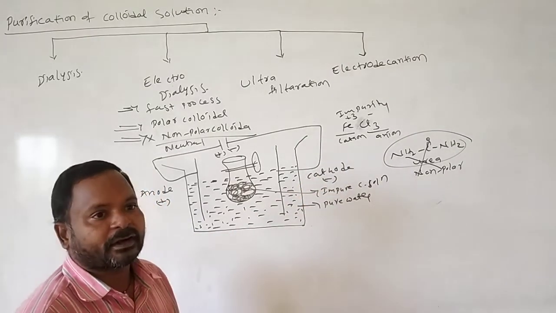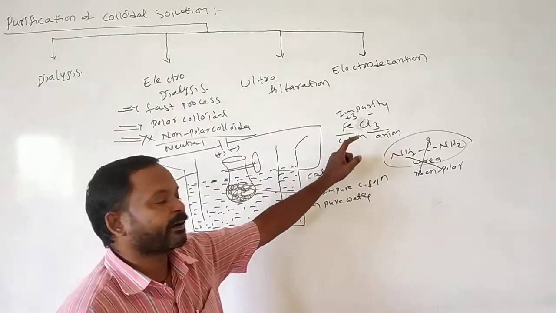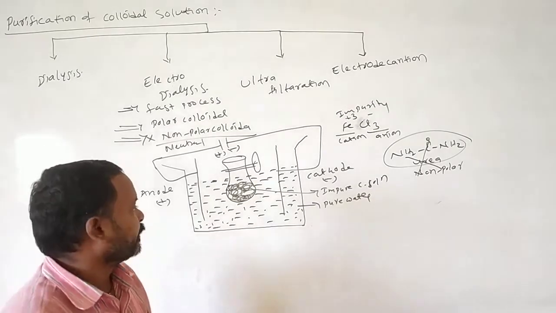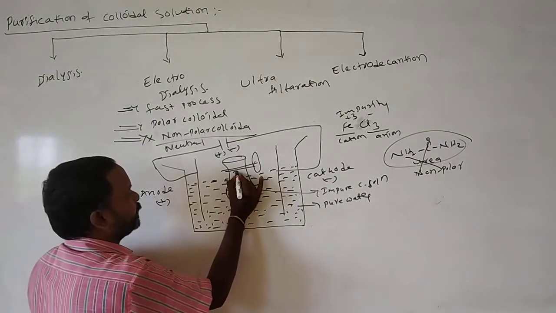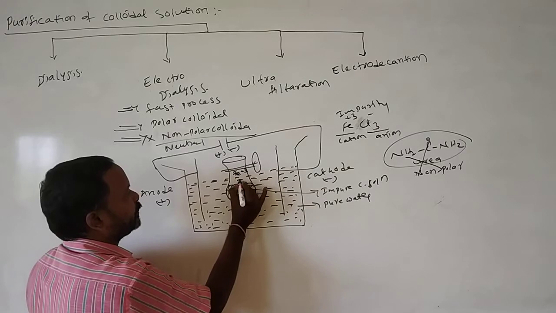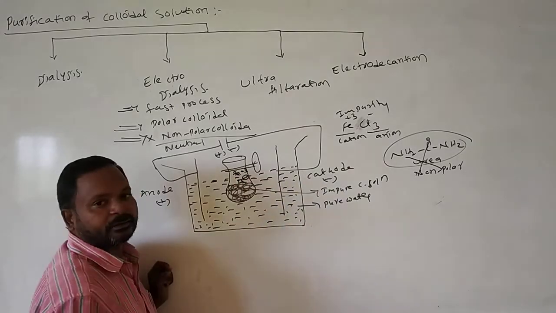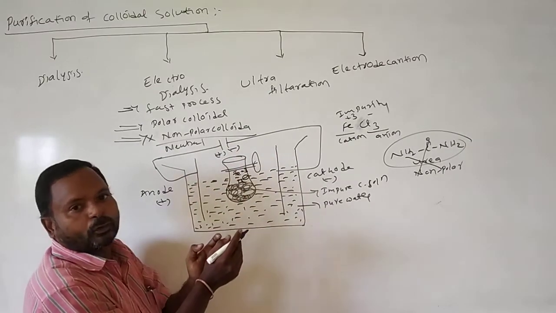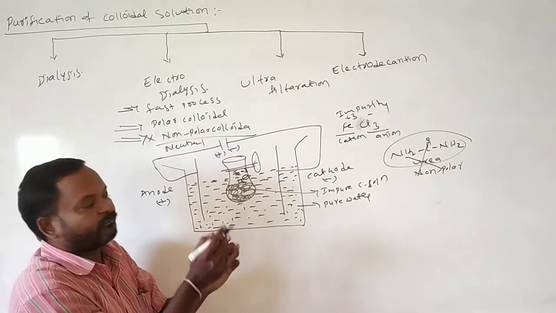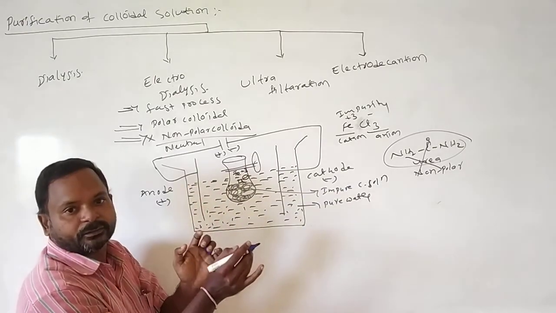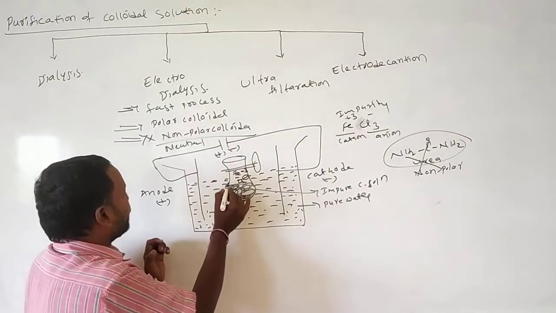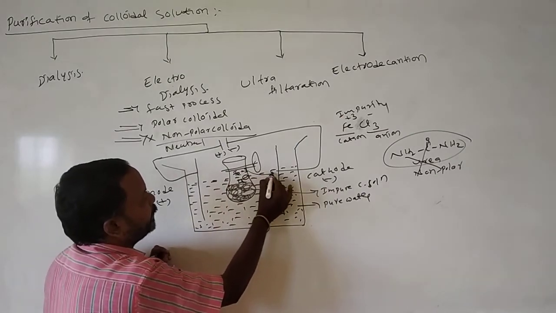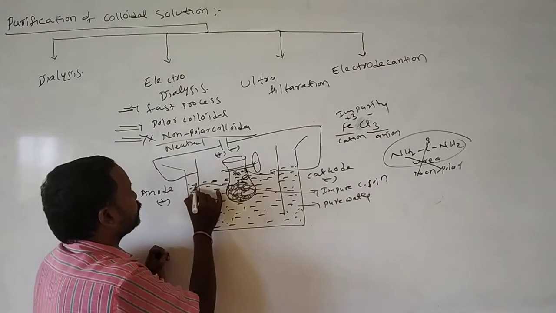And if any colloidal solution has positive impurities or negative impurities, suppose for example this colloidal solution has positive impurity and negative impurity, when we pass the electricity through the electrodes, what happens? Positively charged ions, that means cations, move toward the cathode, and anions move toward the anode.